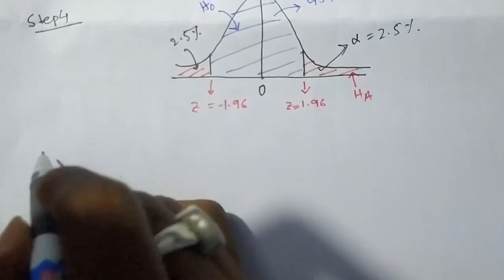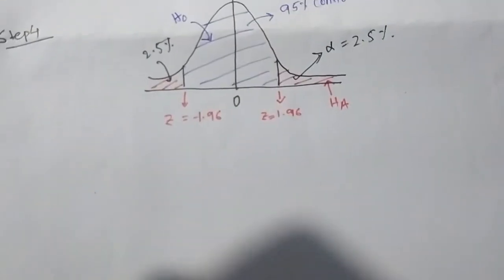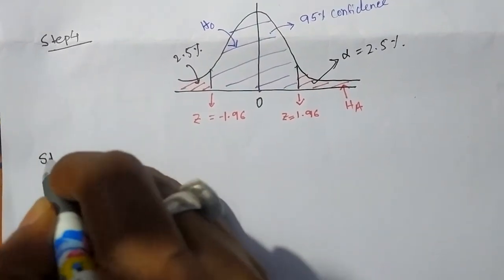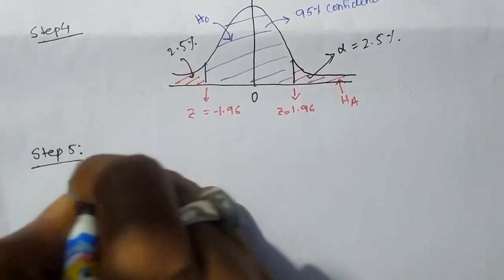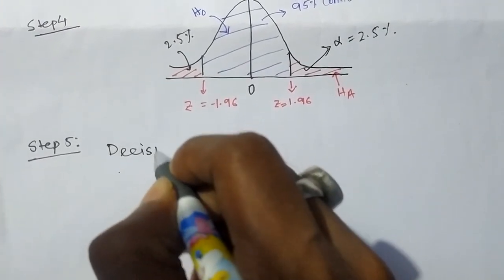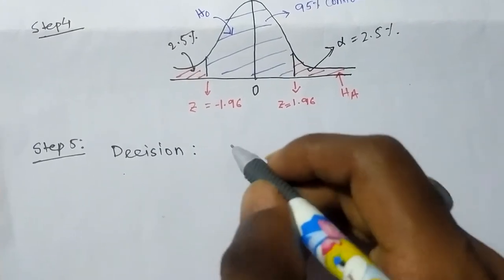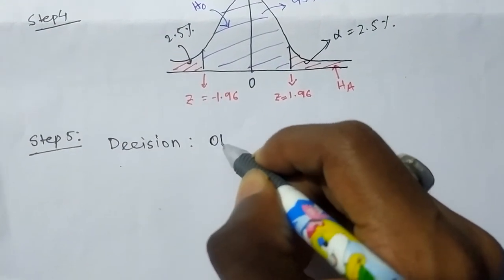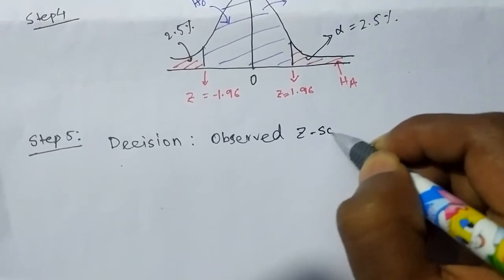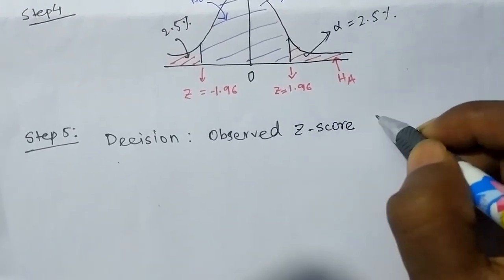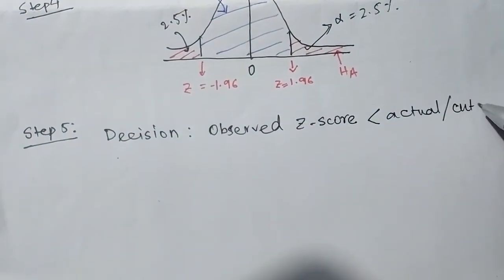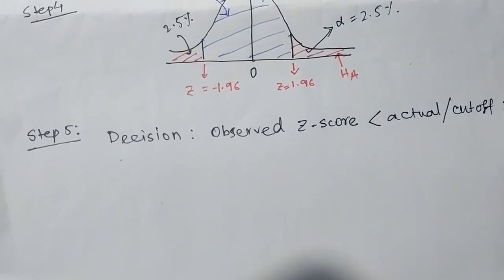So my final step is taking the decision, step 5. The decision that I need to take is that the test or observed Z score is less than the actual or cutoff Z score.